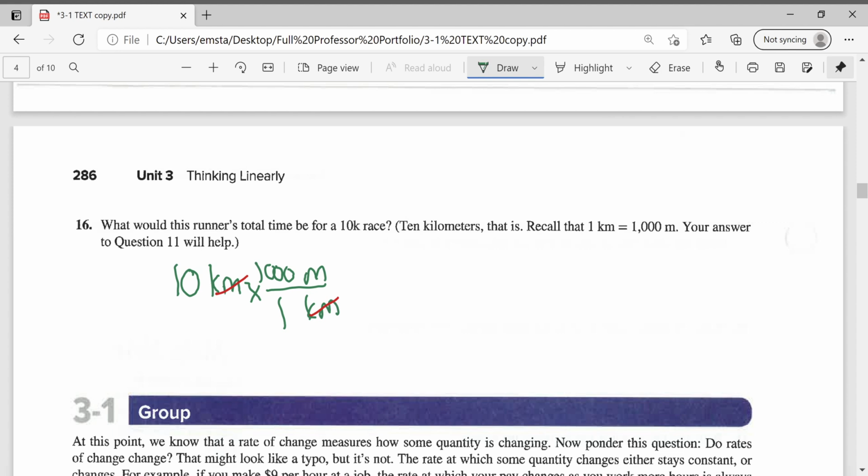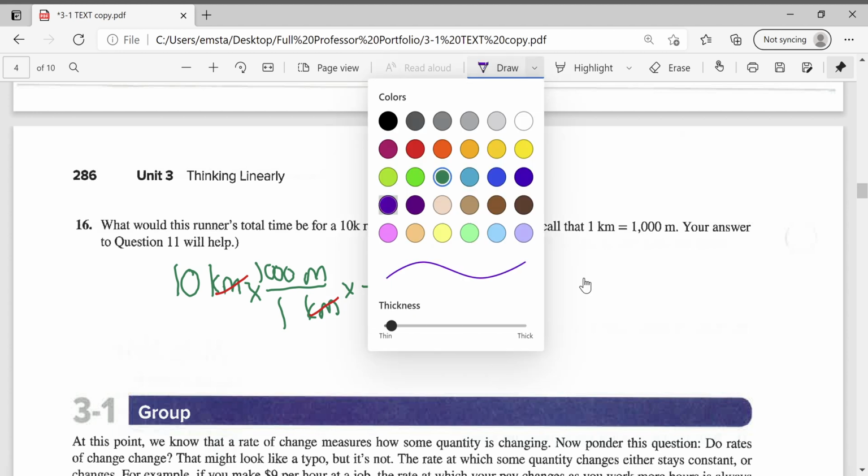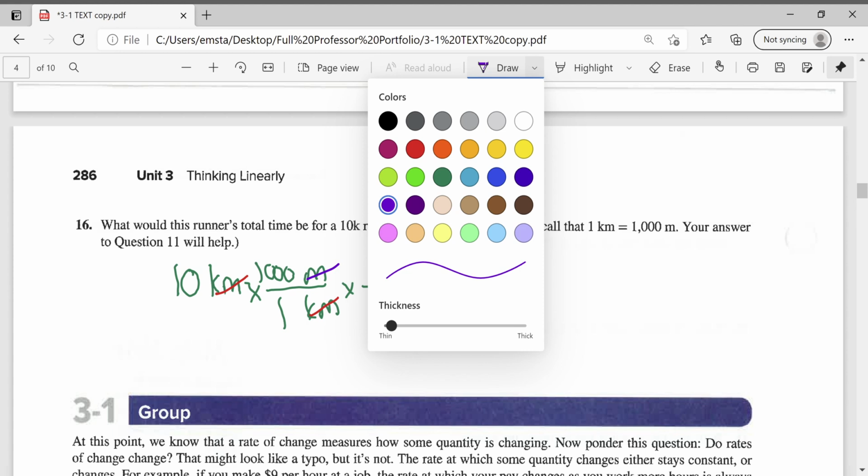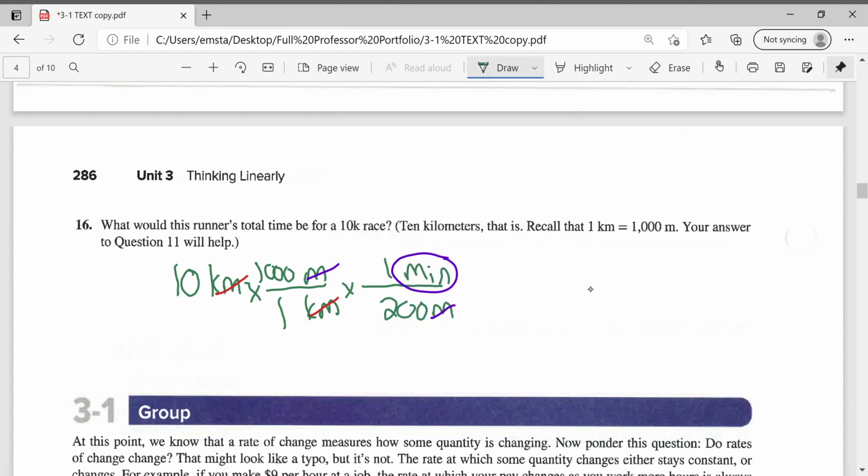I know that my runner goes 200 meters, putting it on the bottom so meters will cancel out, in 1 minute. Now meters cancels out. I'm left with minutes, which will answer my question. That's time. So let's multiply everything on top. 10 times 1,000 times 1 is 10,000.